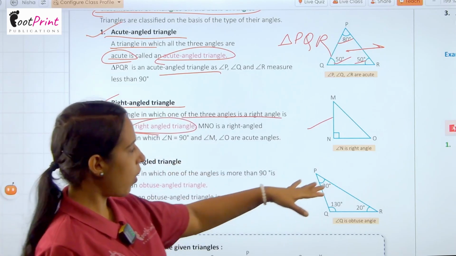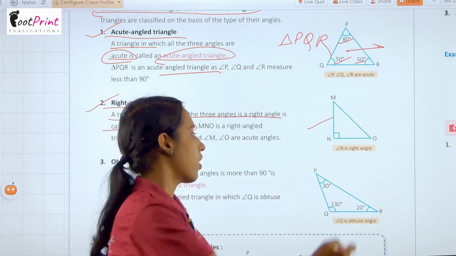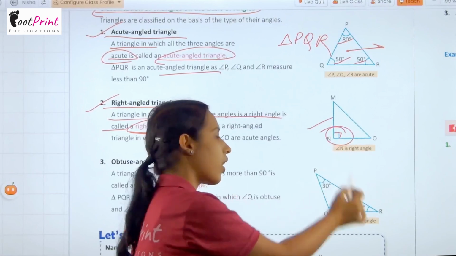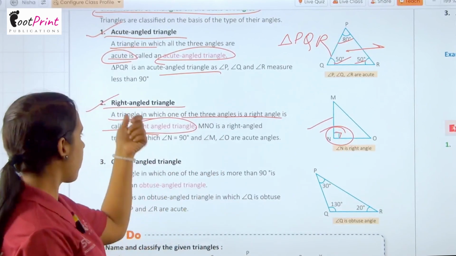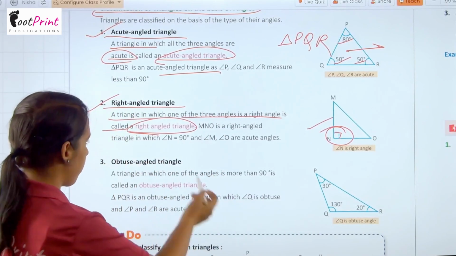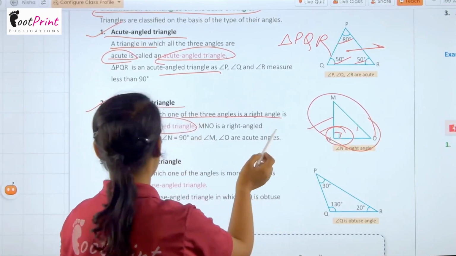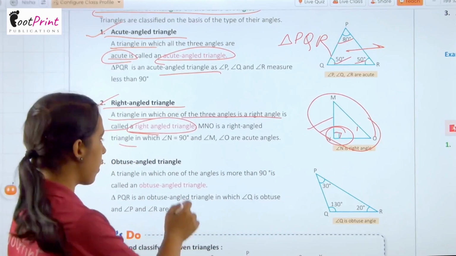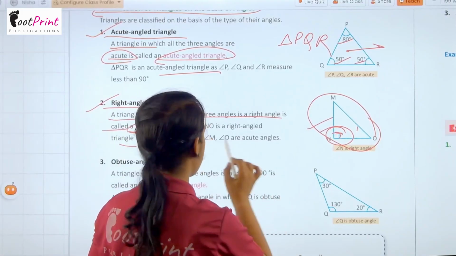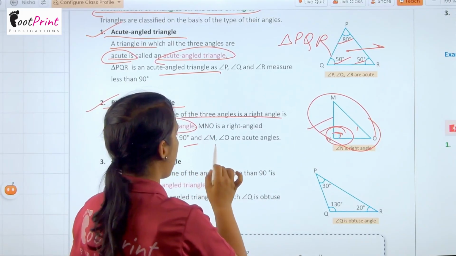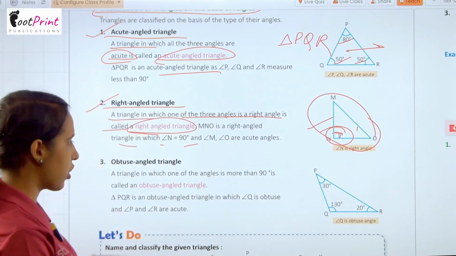If one angle out of the three is 90 degrees, we can say that one is a right angle triangle. So here triangle MNO is a right angle triangle. Why? Because angle N is equal to 90 degrees and angle M and angle O are acute angles.